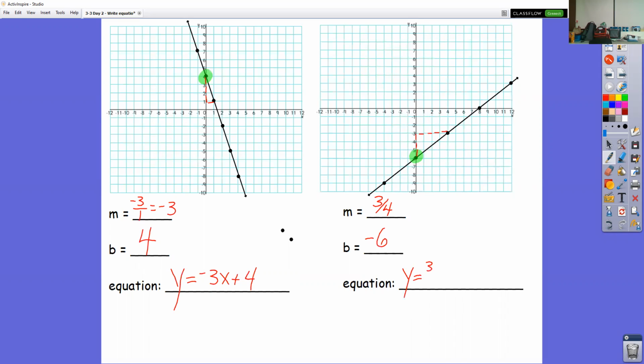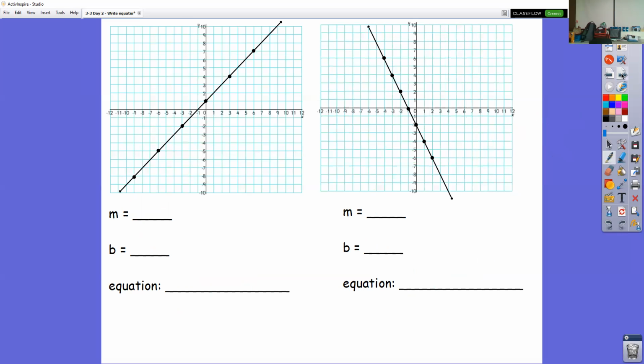Y equals 3/4 x minus 6. Again, the key parts of what we're doing is to find the y-intercept first. And then once again, just remember, rise over run, up or down, and how many places to the right. And that will give you your slope of the line.